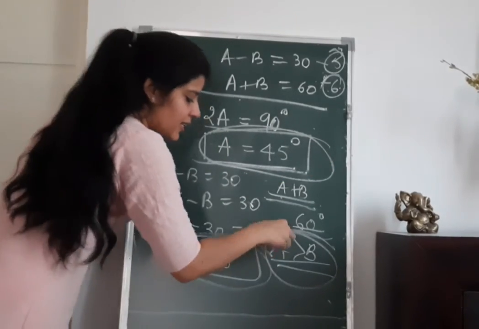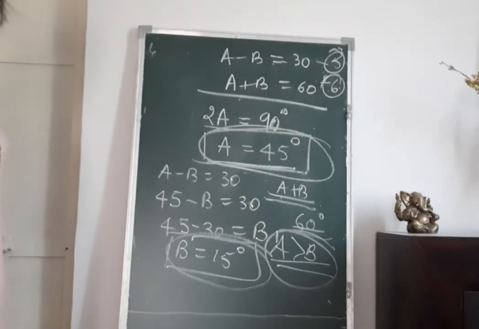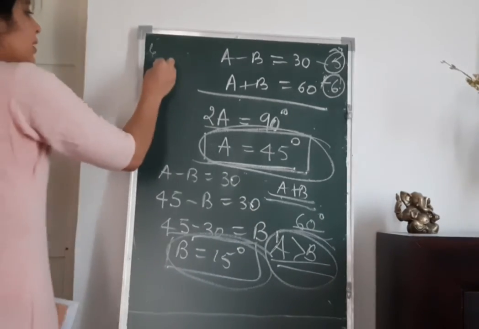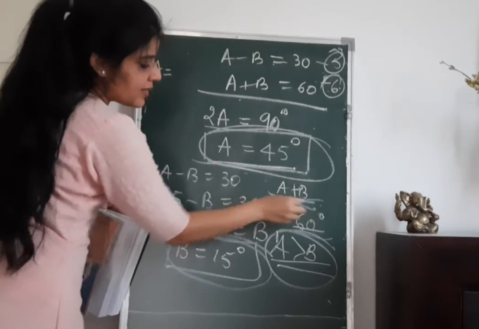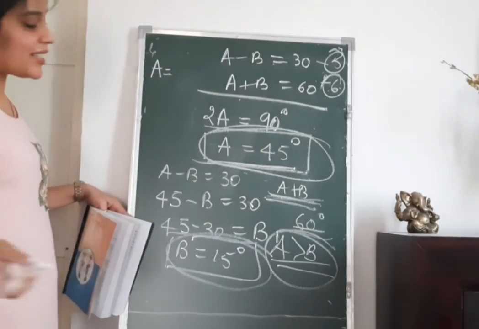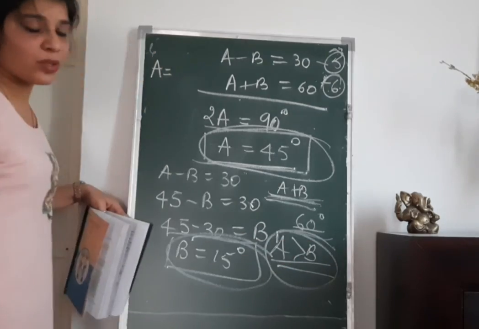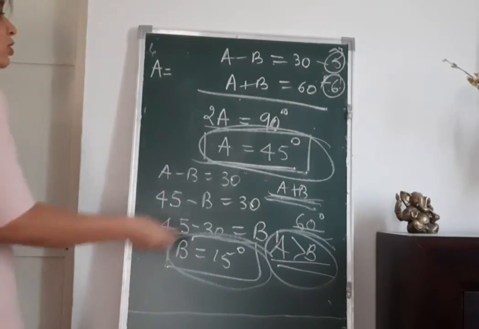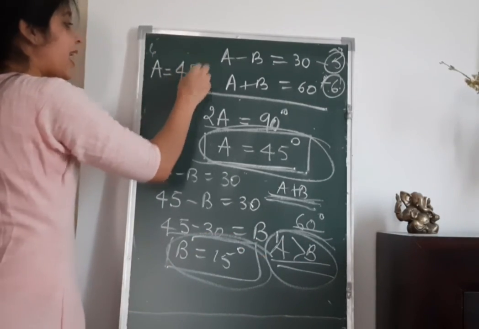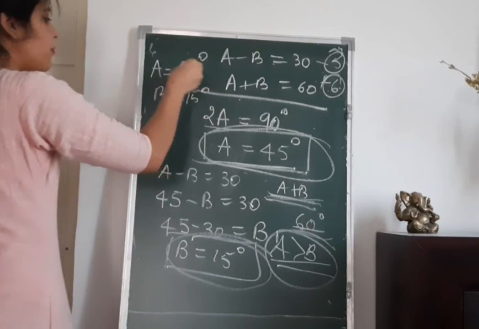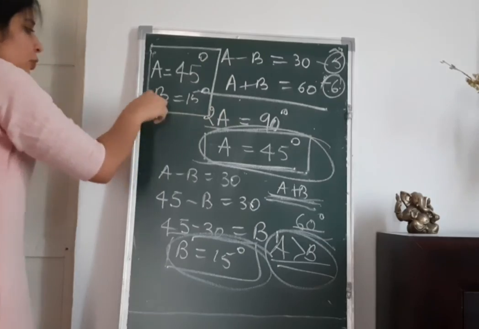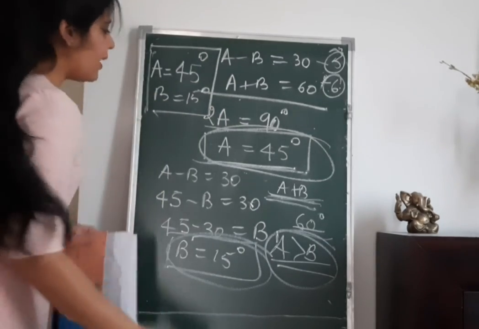Therefore it is satisfying this condition also. So this is how I can say that A is equal to 45 degree and B is equal to 15 degree for this question.